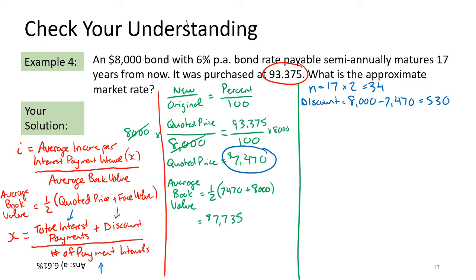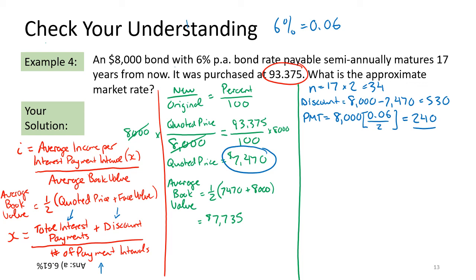So our last item to calculate is the total of our interest payments. Each payment is simply 8,000 multiplied by our bond rate of 6%, which is 0.06 as a decimal, divided by 2, because we are paying semi-annually. If you calculate that out, you get a payment of $240.